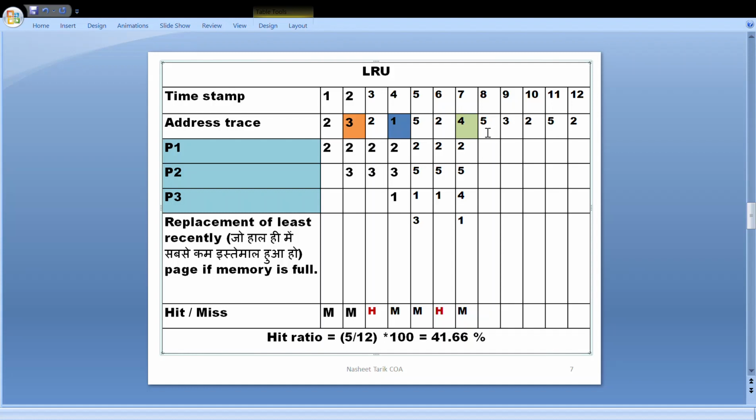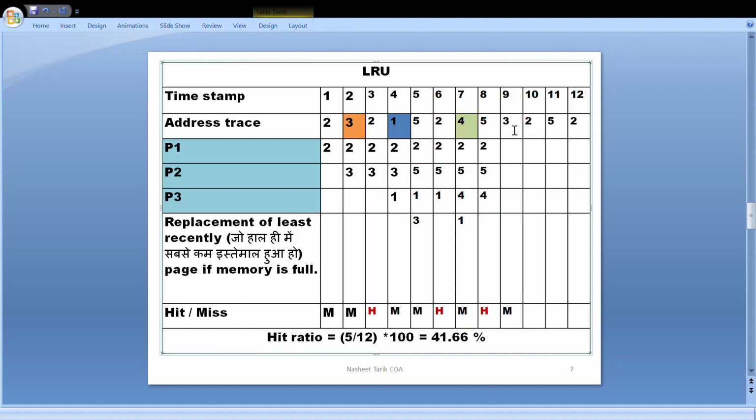Now page number 5 is accessed in the next time stamp, which is there in M1, so it is a hit. So the processor accesses this page directly from the M1 memory. Now 3 is not there in M1, so it is a miss.